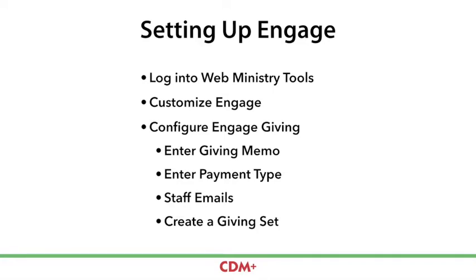We'll show you how to enter a giving memo, the payment type, and how you put in emails for those staff that you want notified when a gift has arrived. And we'll show you how to create giving sets so that you can have multiple giving sets depending on your needs. Okay, so we're going to just dive in and go right to a demo.